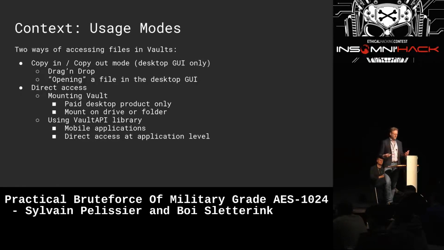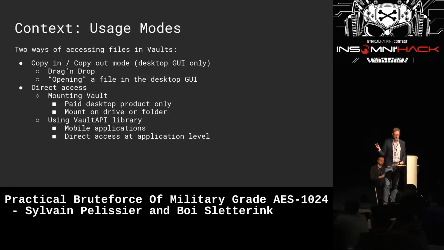For that, I guess it is acceptable to do it with the HMAC construct as I just showed. However, we also have a direct access way of using it. And you can do that, for example, with the mounting of Vault on the desktop version, on a drive or on a folder.